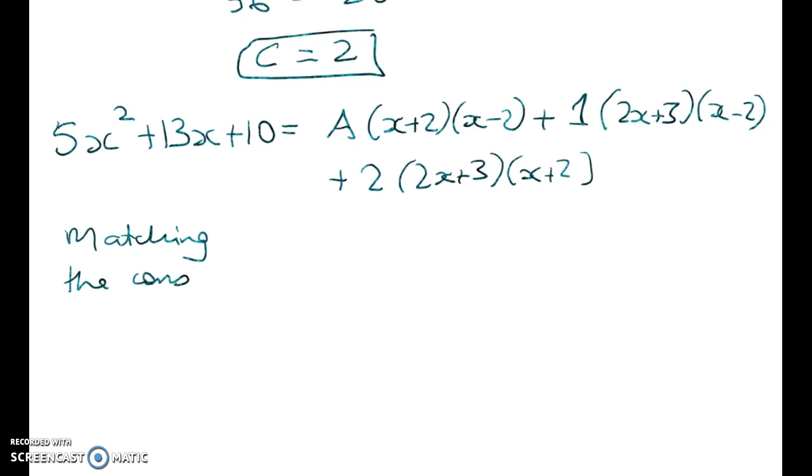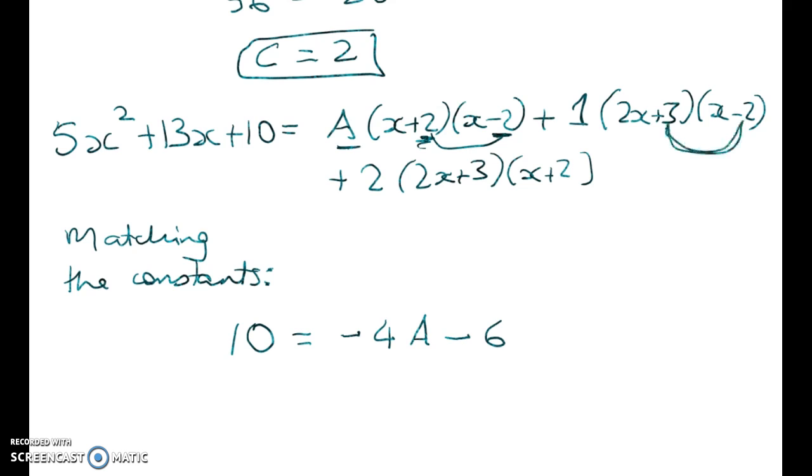So matching the constants, and I'd like you to write something like that down, we get 10 is equal to negative 4a, so there's my constant here, times a, minus 6 coming from here, plus 2 times 3 times 2, which is 12.